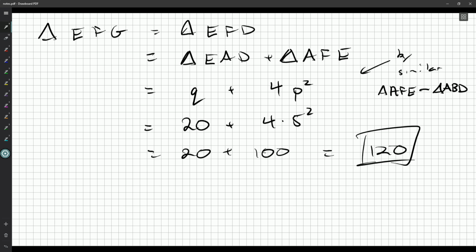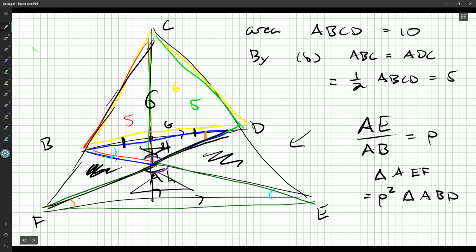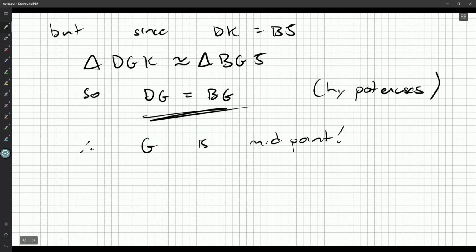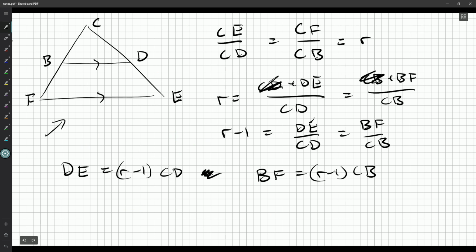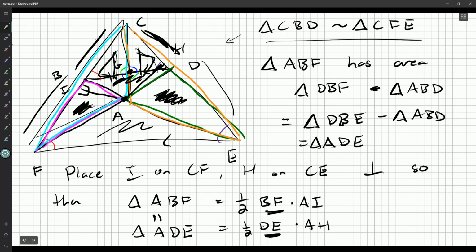There wasn't a whole lot of deep geometry. To this question, it was just seeing the various similar triangles, common bases, same heights. That's what carried us through the whole way. But maybe I wasn't drawing my pictures in the right way to see them. It certainly did take me a while, I think you'll agree, to see the right things. A part wasn't bad, but it was really hard to see the right triangles to approach in B part, although maybe there's an easier way.